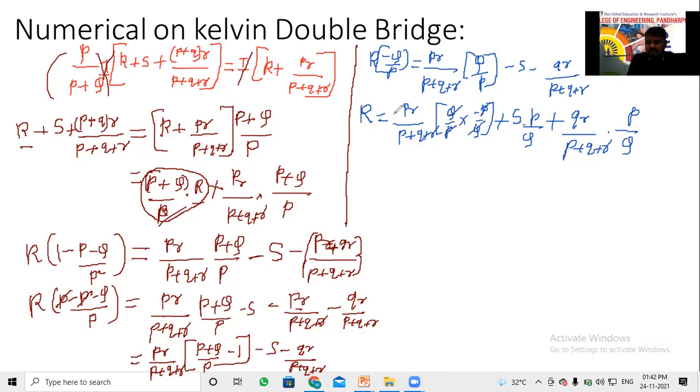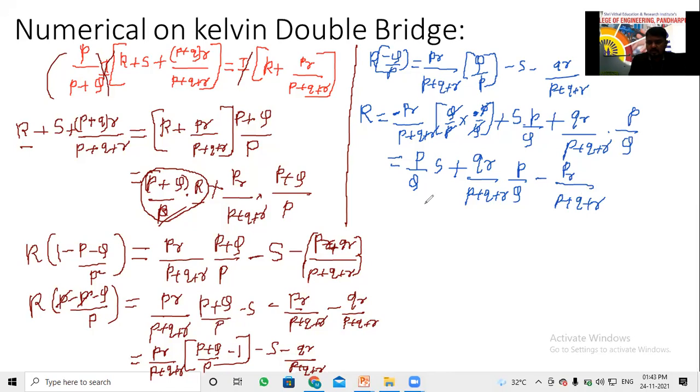So the minus term I will write here: this one, P by Q into S. This term I will write here first, plus QR divided by (P plus Q plus R) into P by Q, minus PR divided by (P plus Q plus R). Can I write it like this?